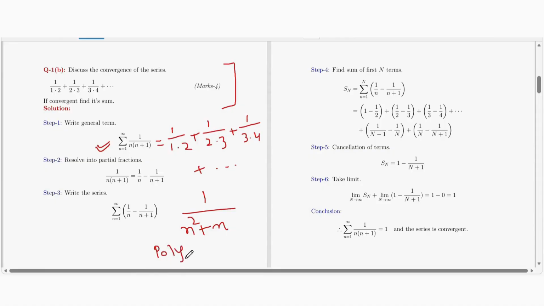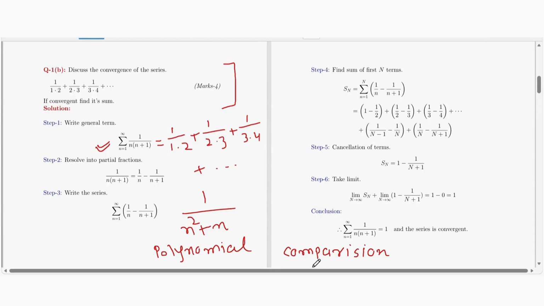Say yes or no. So if a polynomial is given, then generally what do we use? We can use the comparison test. Say yes or no. सही है. If numerator or denominator contain a polynomial in n, then we can use the comparison test.